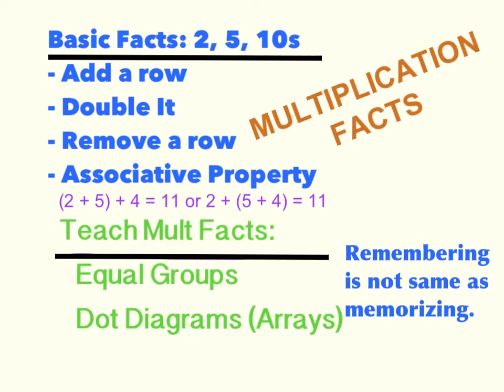The basic facts of the 2s, 5s, and 10s often come more easily than the others. So by adding a row, doubling it, removing a row, or applying the associative property will allow the children step by step to get to that answer. Hopefully the next few slides and elaboration will give more clarity on this concept.